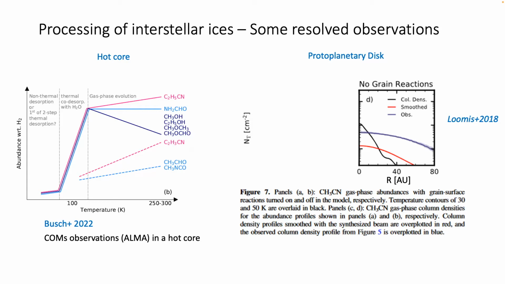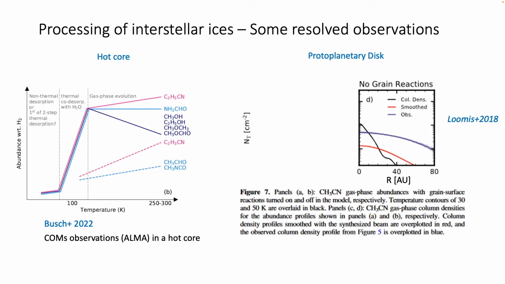They propose to explain these different abundances with different physical processes, either gas phase processes or non-thermal processes, so that molecules are released from the ice into the gas phase.